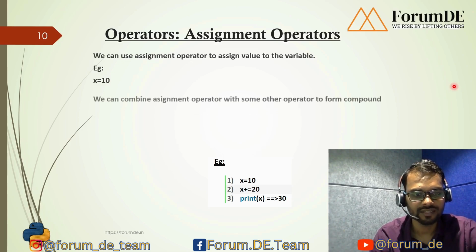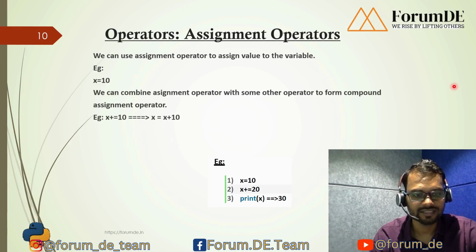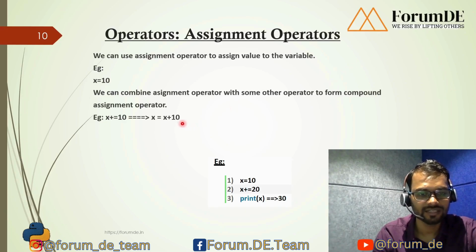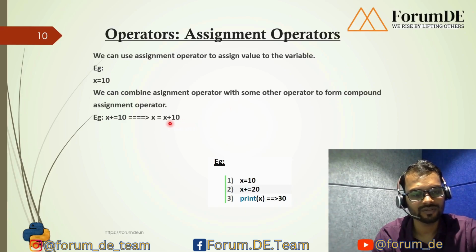For example, x plus is equal to 10 means that x is equal to x plus 10. If you want to add a value to the variable itself, you can use plus is equal to. Plus is equal to is a short form of x is equal to x plus 10, right?